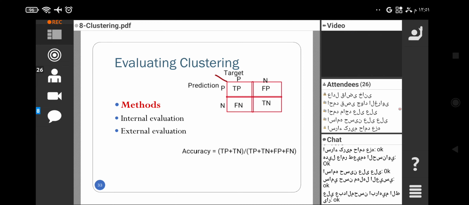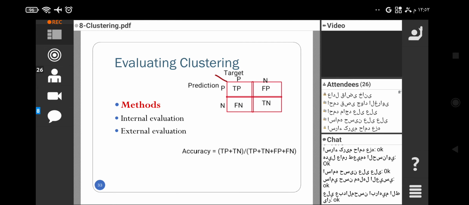So accuracy is the method we use to evaluate a classifier. If we have a classifier and we want to evaluate that classifier, we could use accuracy.